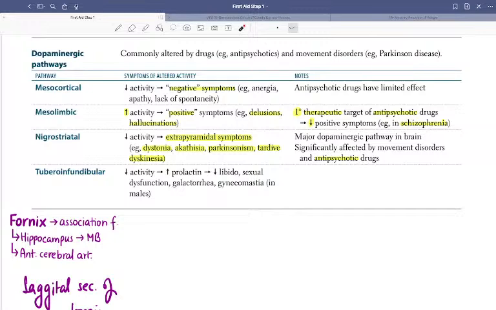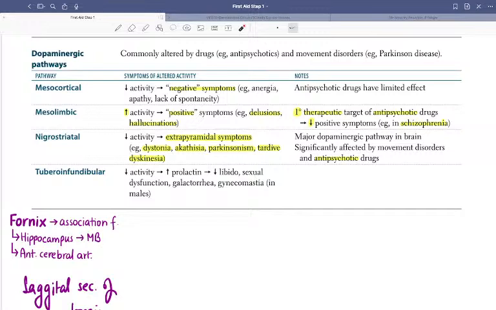The nigrostriatal pathway is an extrapyramidal pathway, and it was obviously your Parkinsonism. It is damaged, and it is a component of the basal ganglia, connecting the substantia nigra and the striatum. Nigro means substantia nigra, and striatal is striatum.